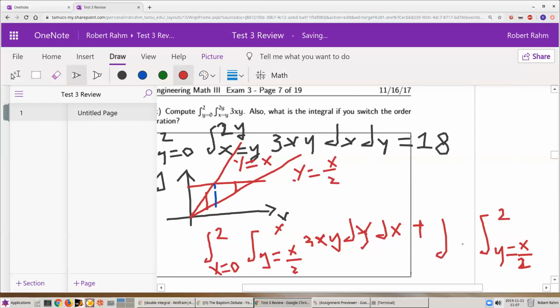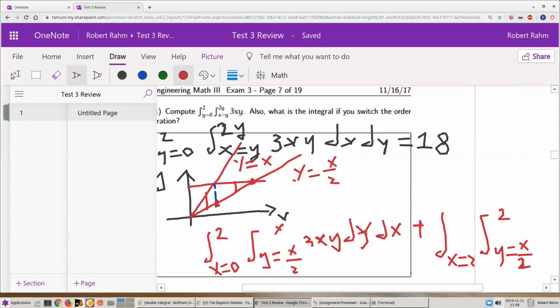And now the x integral is going to go from this point to this point. The x coordinate of this point we saw in the last part is 2. Now we need to figure out the x coordinate of this point. This is the line y equals x over 2, and this is the line y equals 2.